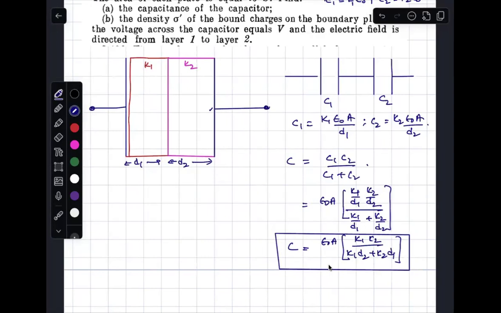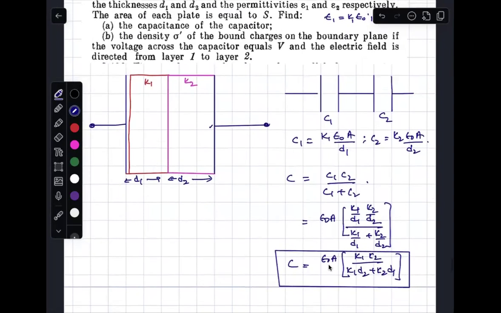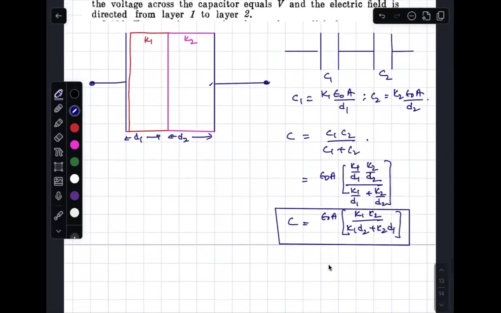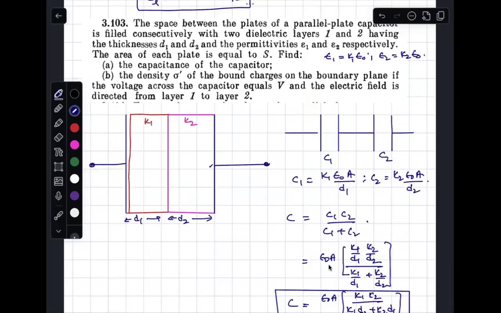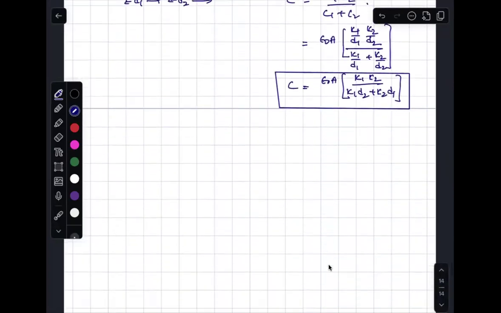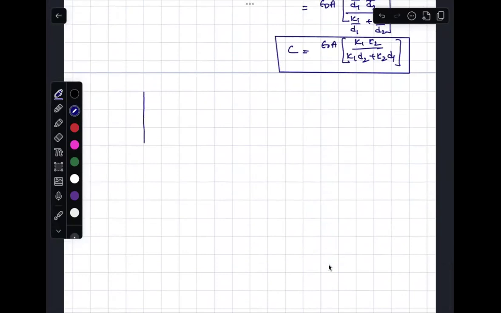Right. Now let us study the second part. The surface charge density of the bound charges on the boundary plane, if the voltage across the capacitor is equal to V and the electric field is directed from layer 1 to layer 2. Which means, now I will draw a spacious diagram to avoid confusion. And don't say that there is some air between the plates. For our understanding, I am drawing an elaborated diagram.